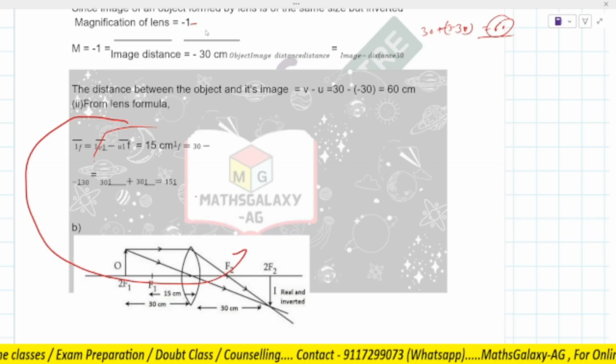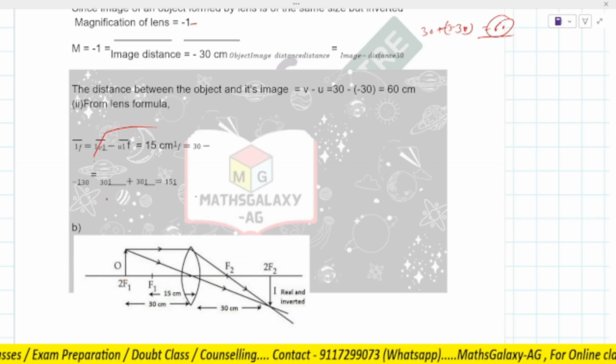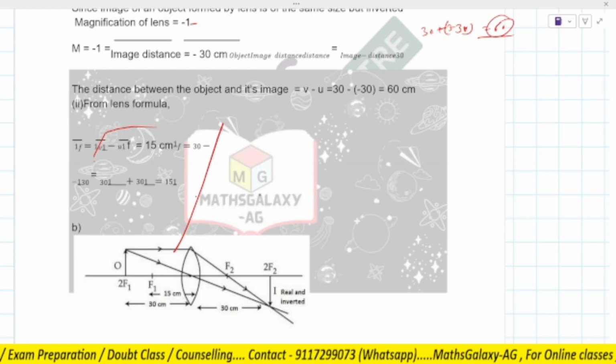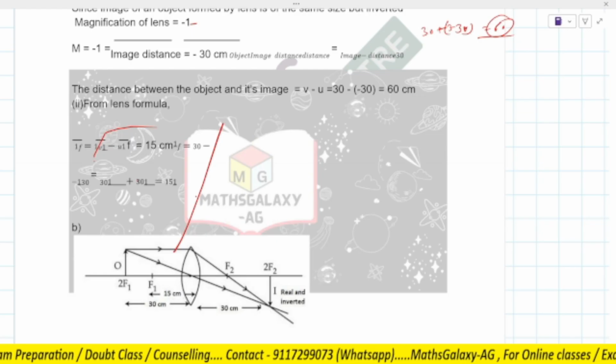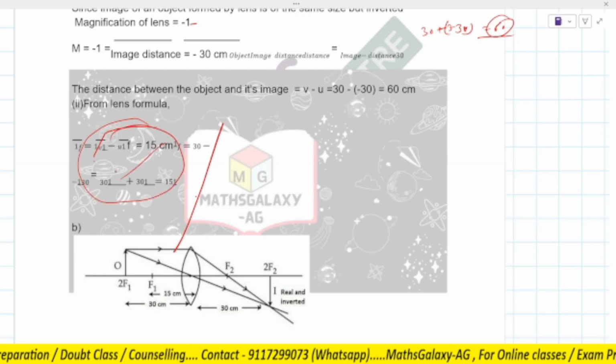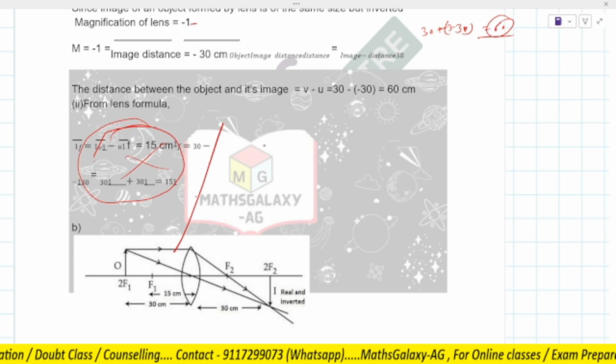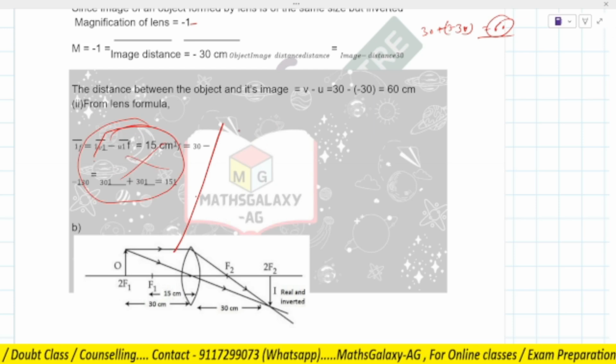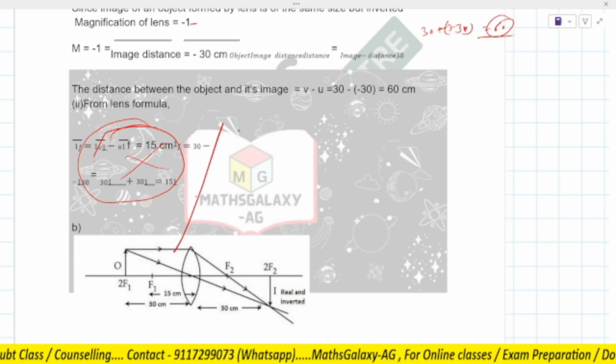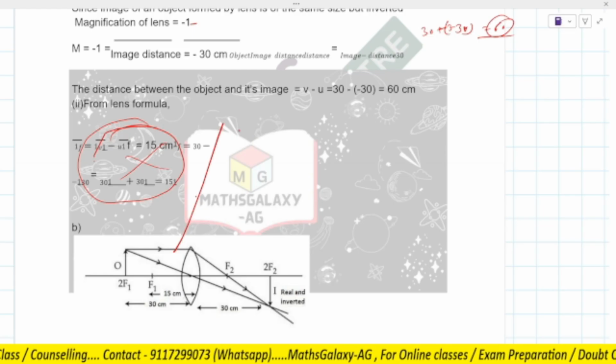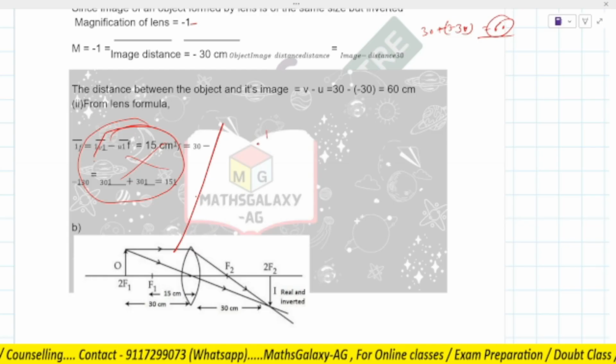Just ignore this part, okay? Let's see how we will do it. We have to find the focus, so we will apply the lens formula.